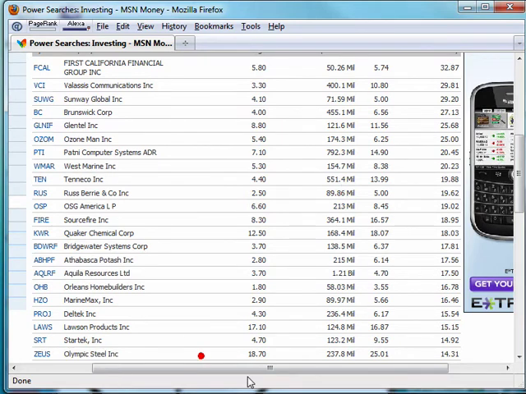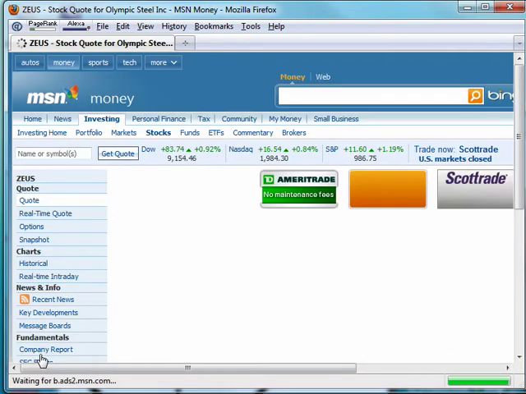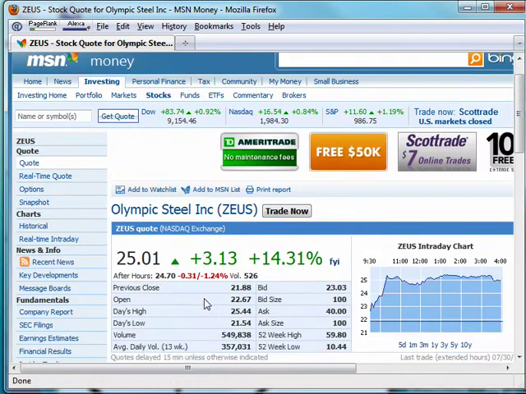This is Olympic Steel. The 200-day moving average is at $18.70. It closed at $25, and today it made a nice 14% move, which is an indication that it probably broke out of some kind of overhead resistance. So let's look at Olympic Steel.